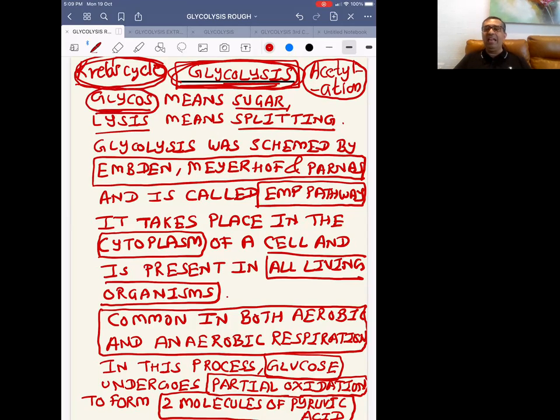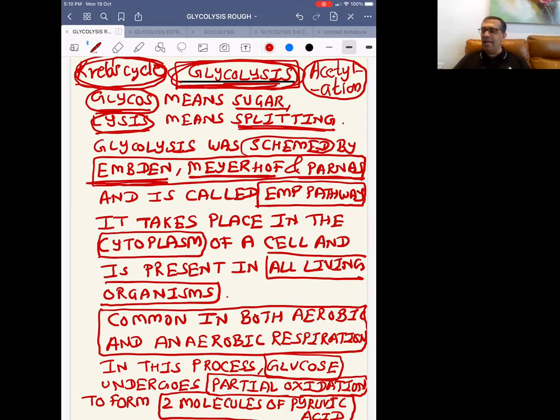Glyco means sugar. Lysis means splitting. So the breakdown of sugar is called glycolysis, and it is taking place in the cytoplasm. Glycolysis was first schemed, made by 3 scientists, Embden, Meyerhof, and Parnas.